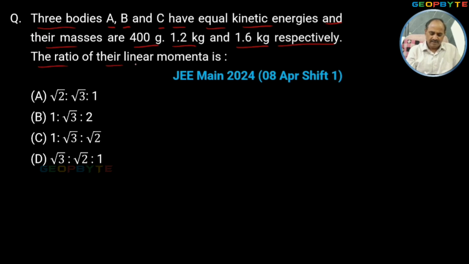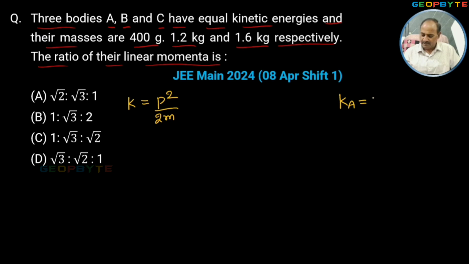The ratio of their linear momentum is, as you know, the kinetic energy K equal to P square by 2m, where P is the linear momentum. But this is a special case where kinetic energy remains same, means kinetic energy of the body A equal to kinetic energy of the body B equal to kinetic energy of the body C.